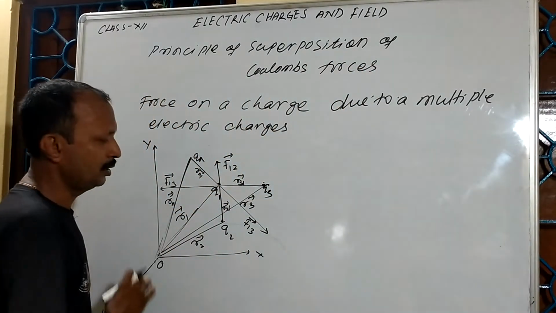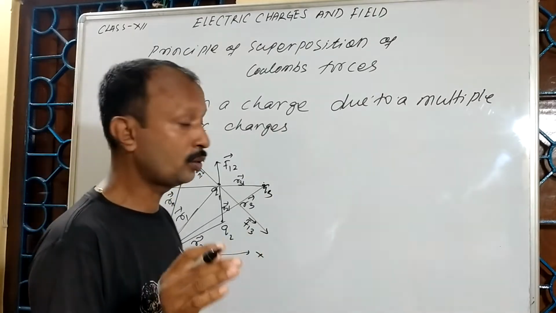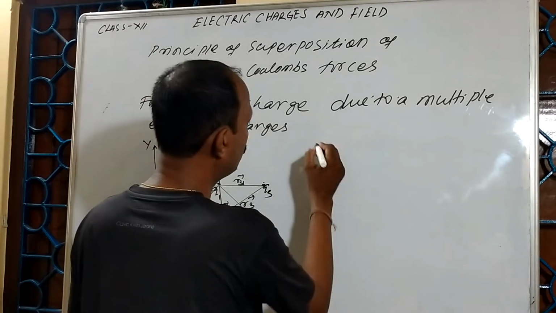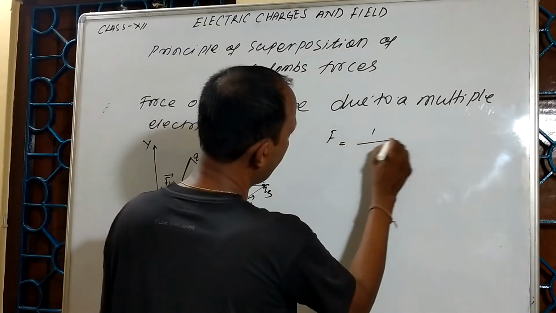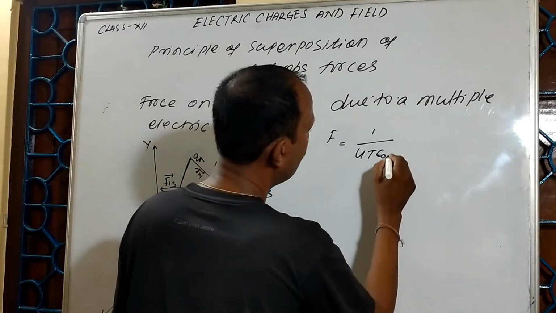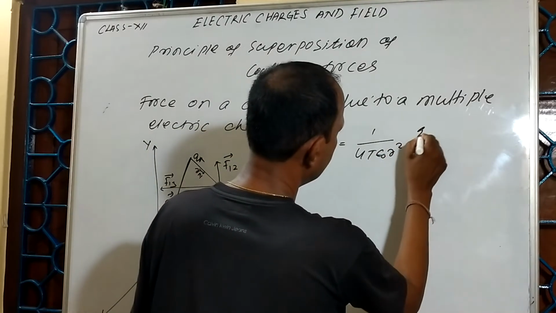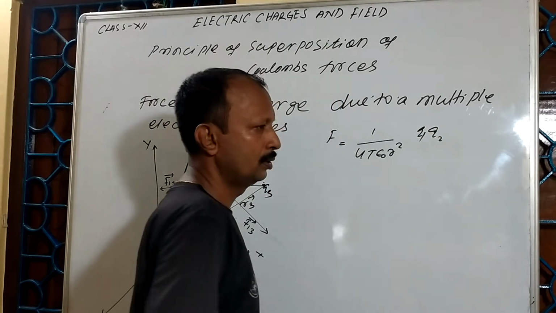Now we'll see according to Coulomb's law. So according to Coulomb's law, we know that F is equal to 1 upon 4 pi epsilon naught r square, q1 q2.